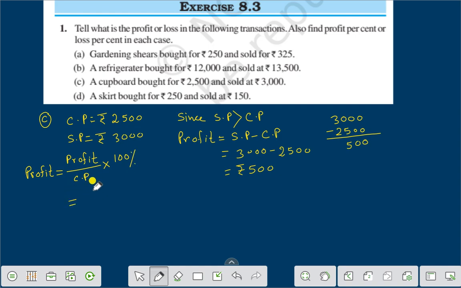What is the profit? Profit is rupees 500. What is the cost price? Cost price is 2500 into 100%.